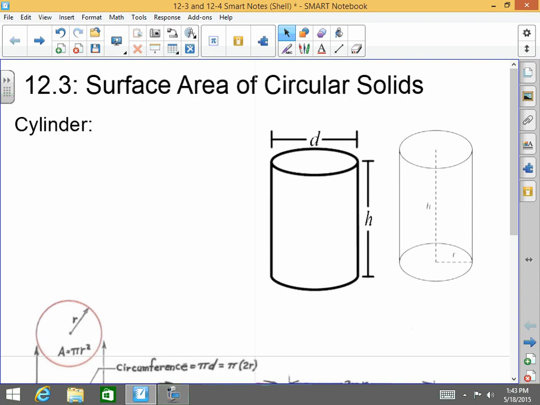By definition, a prism is a 3D figure where you have 2 identical bases, correct? Well, look at what a cylinder is. It's not a prism by definition, because the bases of a cylinder are not polygons, they're circles.